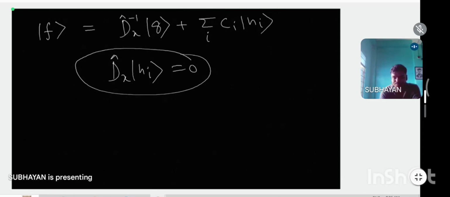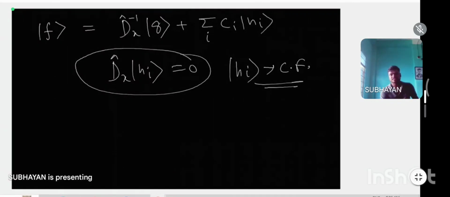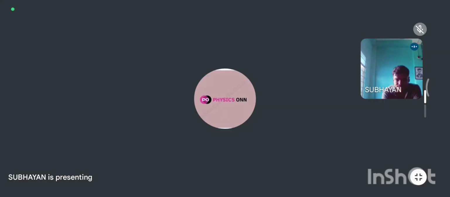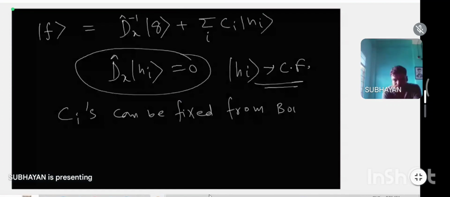So you can say that hi are the complementary function, and you can fix the coefficients ci from the boundary condition.